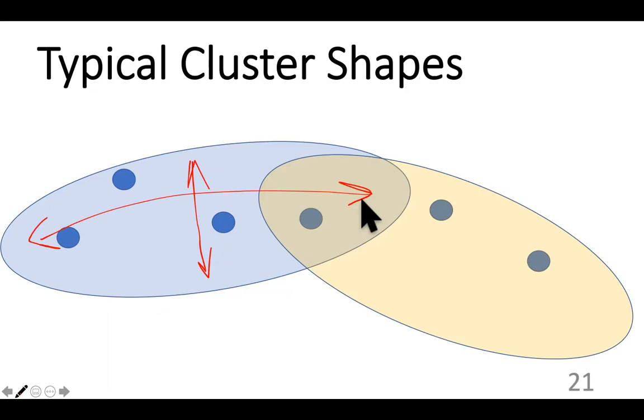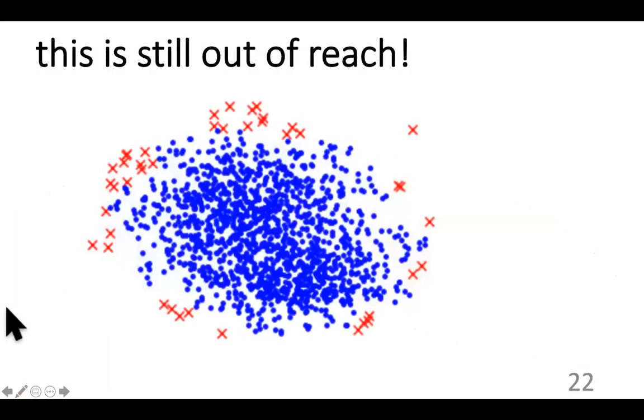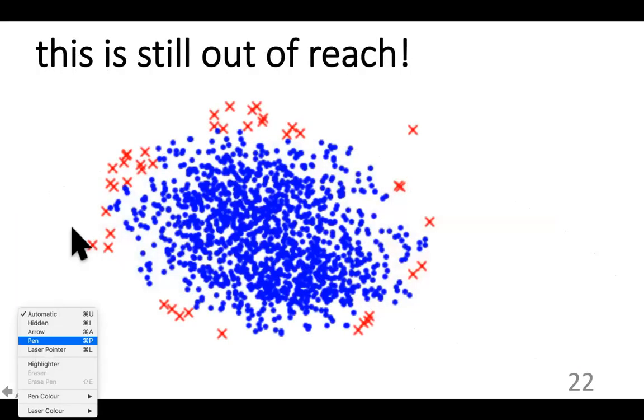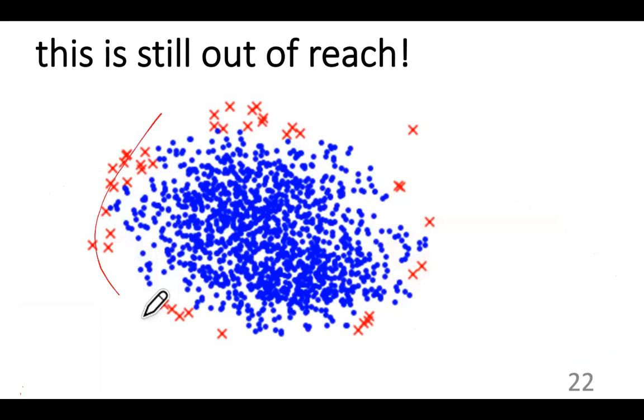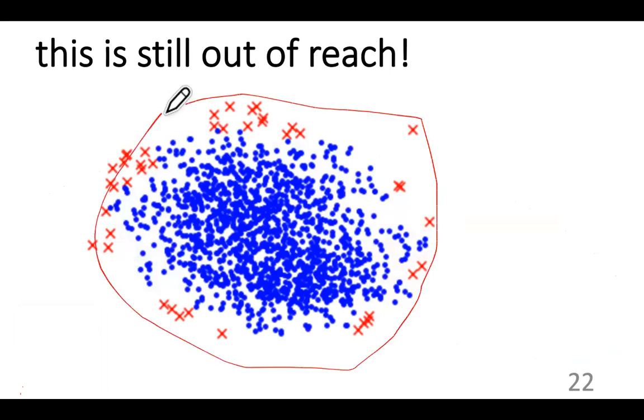So what we still cannot do is get clusters that look like this. Last time I showed you data points that represent images of road markings. Each marker here is one image of a road marking. Then I used some clustering algorithm to group it into two groups, one bulk group and then a few outliers.